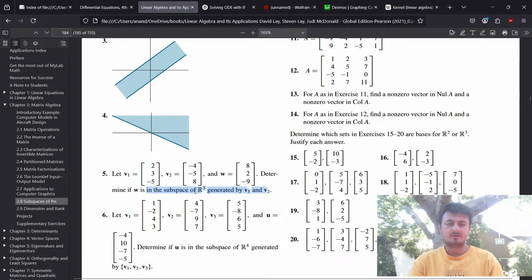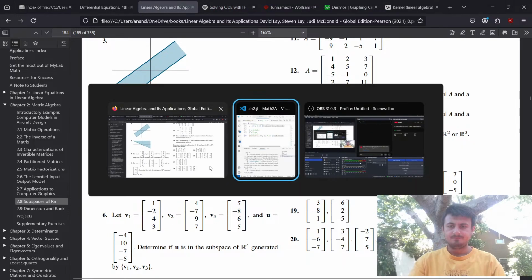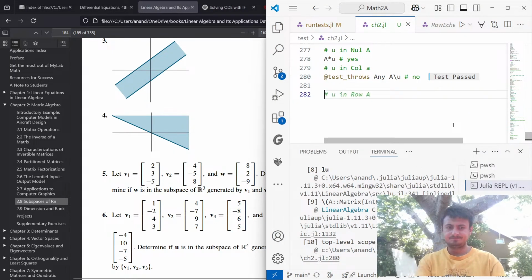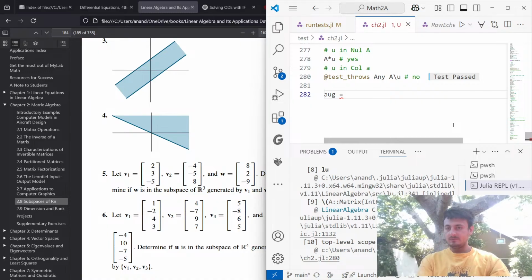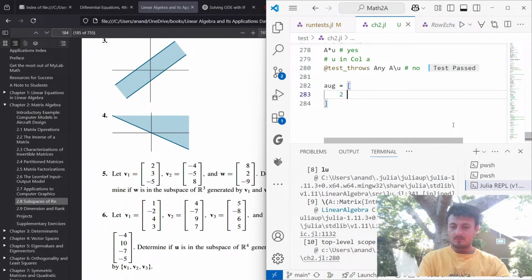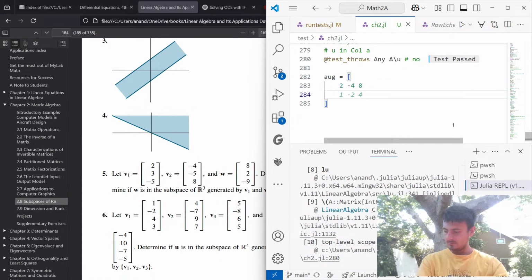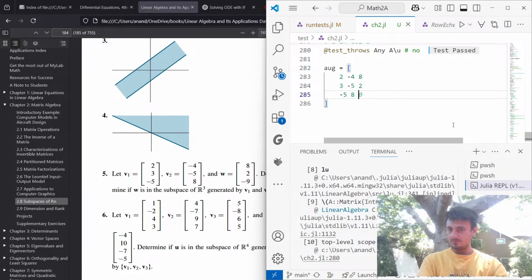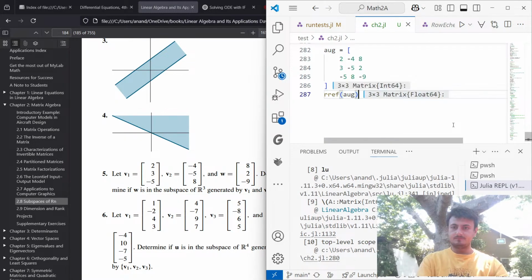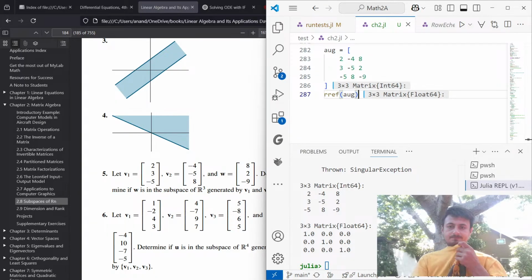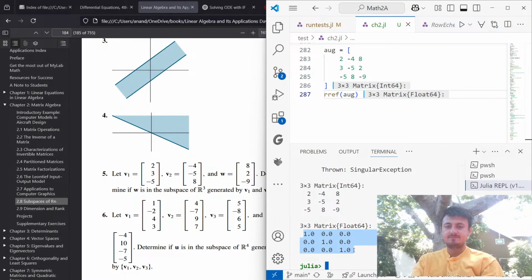Okay, so let's do that. All right, so wait, this is inconsistent.